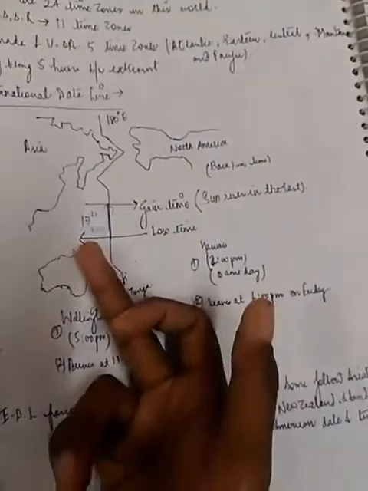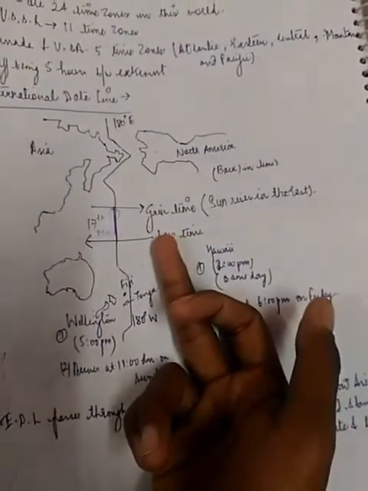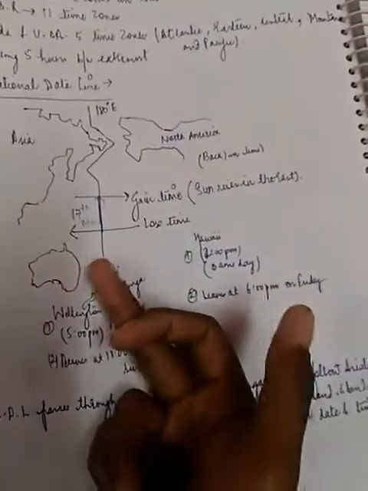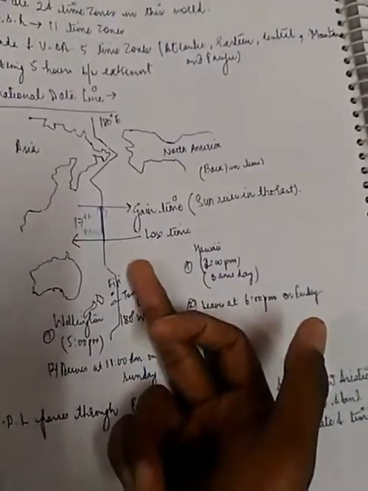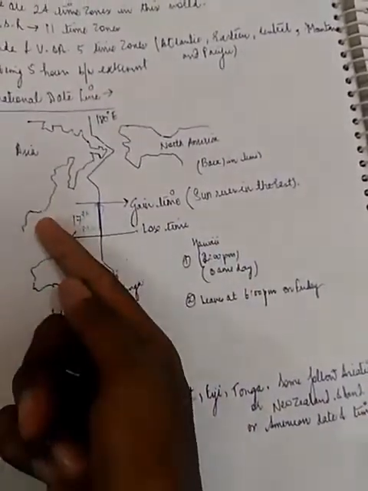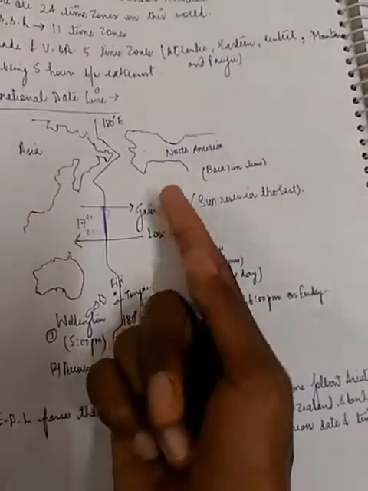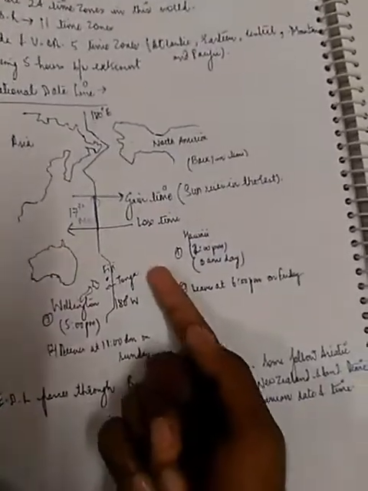Now if it's 17th March here and I jump back to this place, it's 17th March morning, I've already lived the 16th, but I'll go back and live the 16th again. So this is how the International Dateline functions. If you cross it from west to east, you'll gain time, whereas if you cross it from east to west, you lose time.